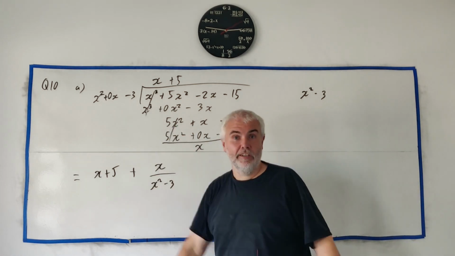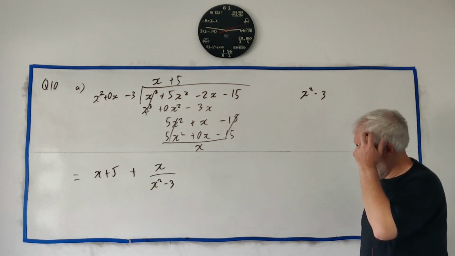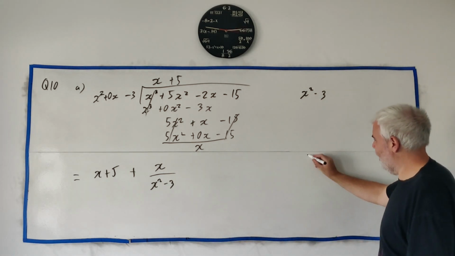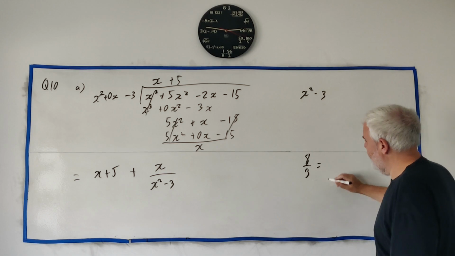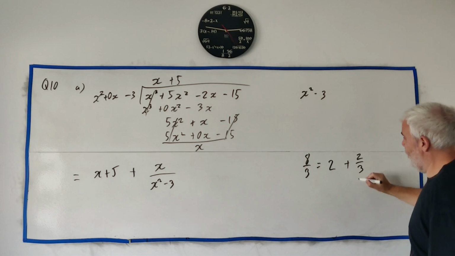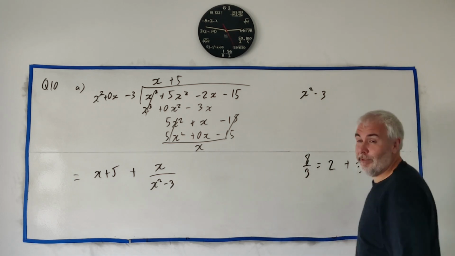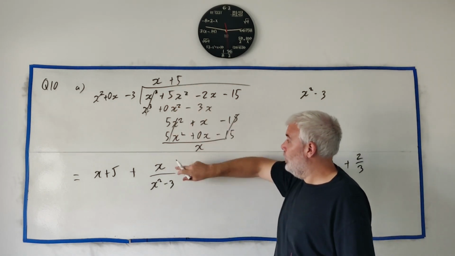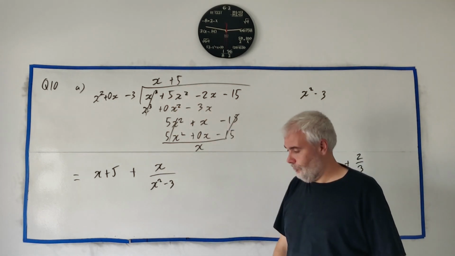I won't bother putting the 0 plus x anywhere else. If you're unsure about that bit, just think of some simple thing like 8 divided by 3. That goes in 2 times, plus 2 remainder, so plus 2 divided by 3. Same thing here. Goes in x plus 5 times, x remainder.